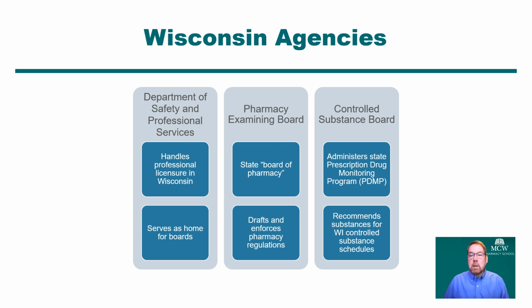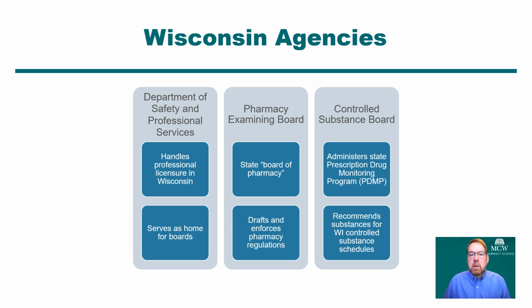If you see department referenced in the statutes or the regulations, just the word department, it typically means the Department of Safety and Professional Services. In Wisconsin, the Pharmacy Examining Board, or PEB, is our state board of pharmacy, and the PEB drafts and enforces pharmacy regulations.